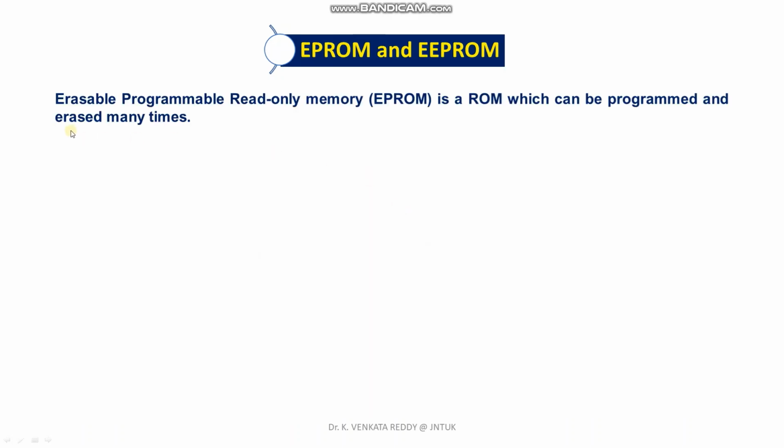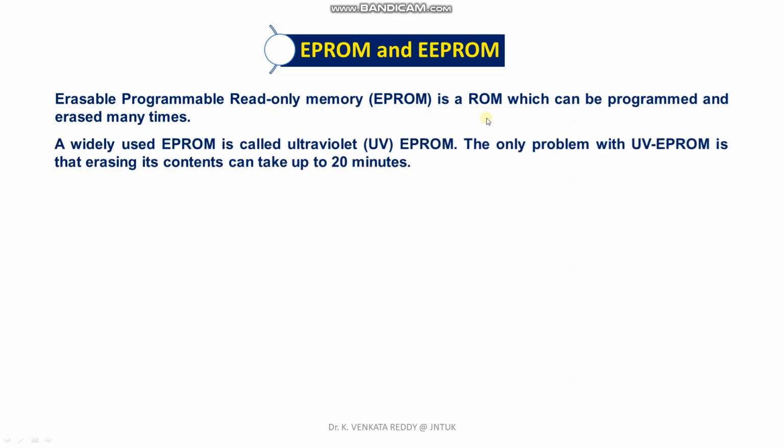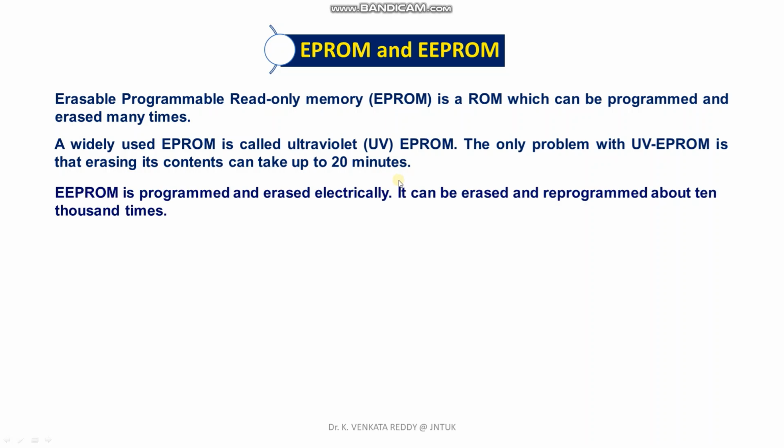Later, we developed erasable programmable read-only memories, EPROMs. EPROM is basically a ROM which has reprogramming capabilities. The popular EPROMs are ultraviolet EPROMs, wherein the erasing process takes place with the help of ultraviolet rays. The erasing of UV EPROM takes about 20 minutes.